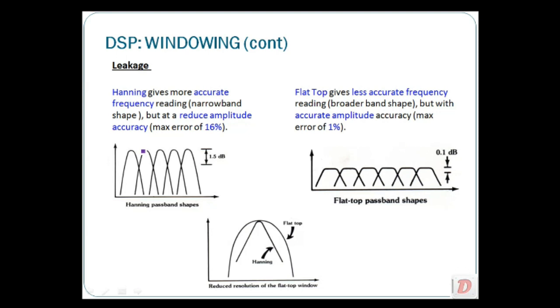If I want to know how many exact frequency components I have in my complex vibration signal, in my spectrum, then Hanning will probably be more suitable because it is accurate in frequency. But if I already know my frequency is around 10 hertz and I want to know the exact, accurate vibration amplitude that develops on my machine, then you have to use flat top, because it gives higher accuracy.